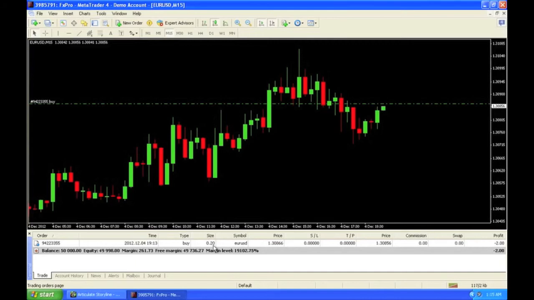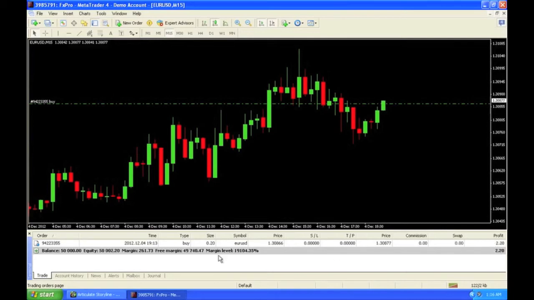Okay, 2 mini lots basically. We have opened up a buy for 2 mini lots on Euro USD at this price, and this is the current running price, and this is our current running profit or loss. At the current moment, we're running at a loss of $1.60.